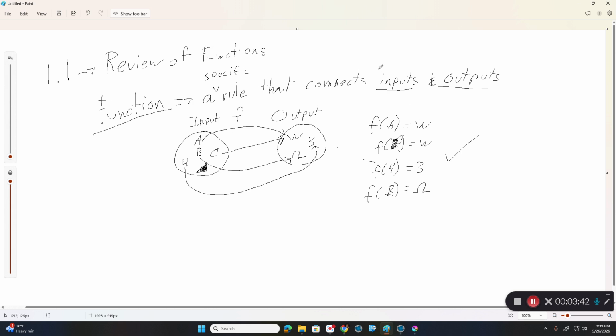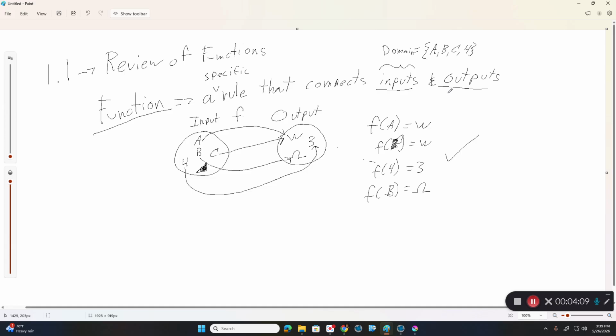The set of all inputs we call the domain of a function. So what is the domain of this particular f? We have a, b, c, as well as the number 4, all being members of the input. I could say that the domain of this function is specifically the set that contains a, b, c, and 4.